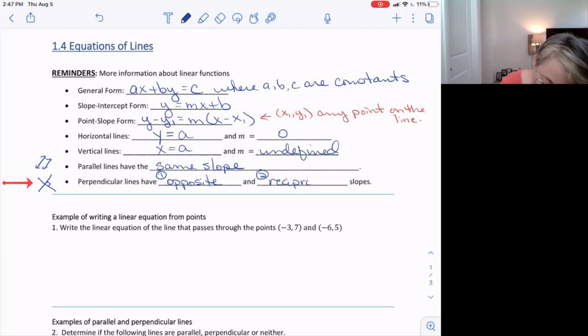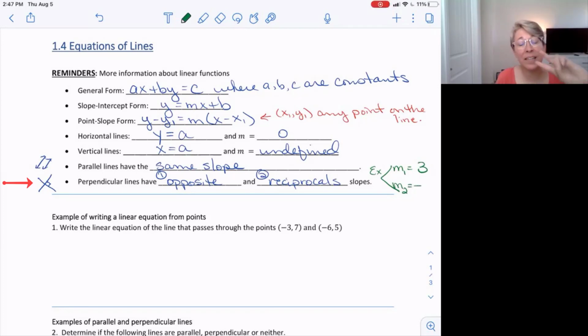And they have to be reciprocals. So for example, if the slope of line 1 is 3, then the slope of the line perpendicular to it, line 2, has to have the opposite sign. So this one has to be negative, and it has to be the reciprocal, 1/3. So notice they have both the opposite sign and it's flipped, the reciprocal.